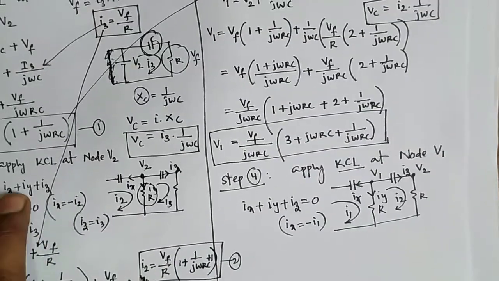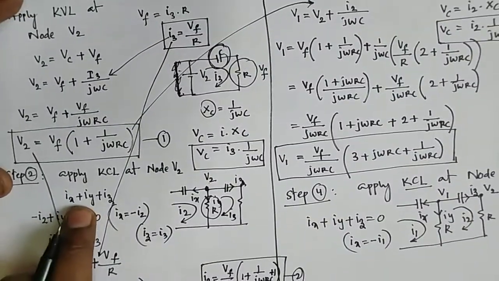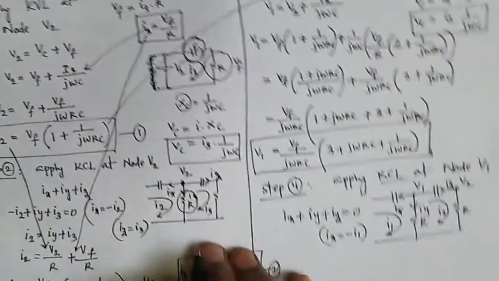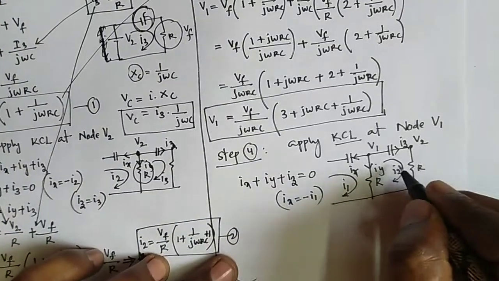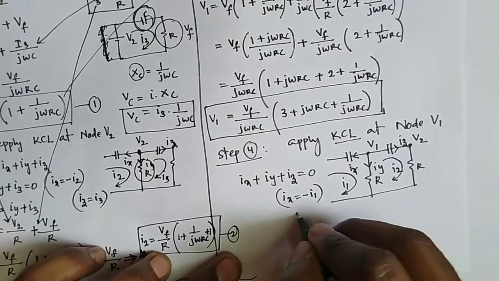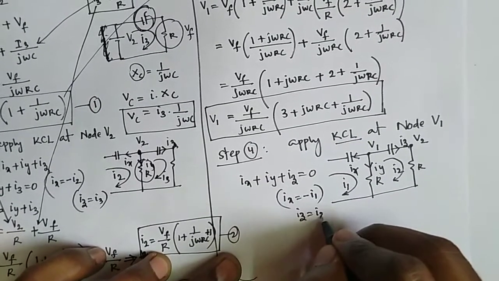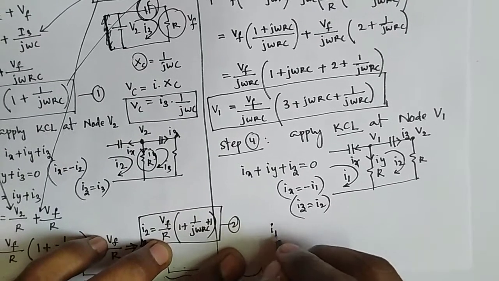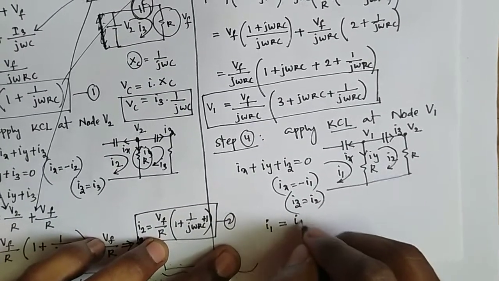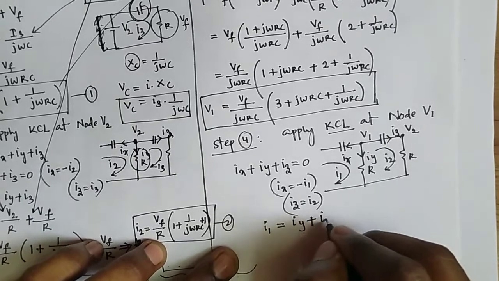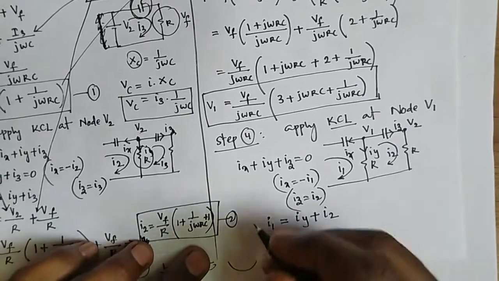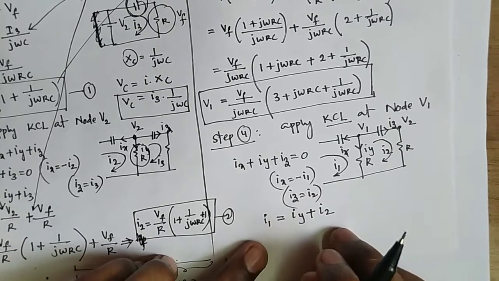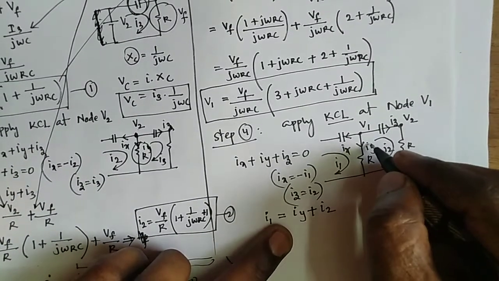We already discussed the same procedure in the previous method. In the previous case, I2 is in the opposite direction to the Ix value. Now here Iz is equal to I2. Substituting both, I1 is equal to Iy plus I2. Now we have to calculate Iy.